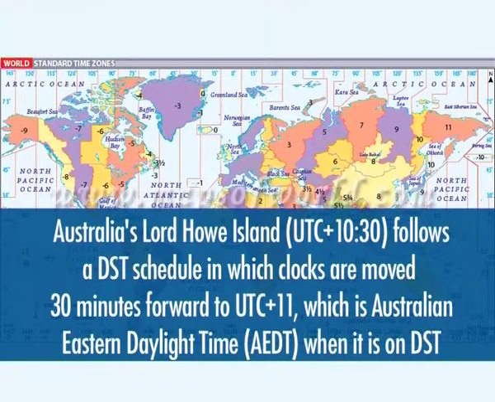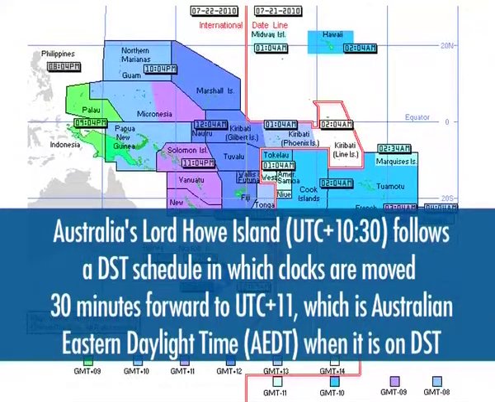Australia's Lord Howe Island, UTC plus 10:30, follows a DST schedule in which clocks are moved 30 minutes forward to UTC plus 11, which is Australian Eastern Daylight Time, AEDT, when it is on DST.